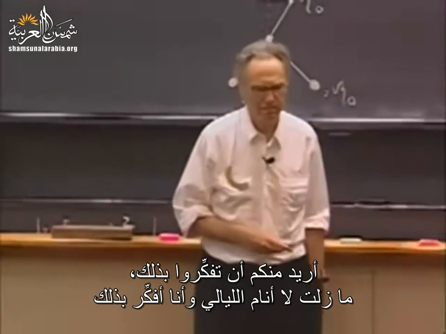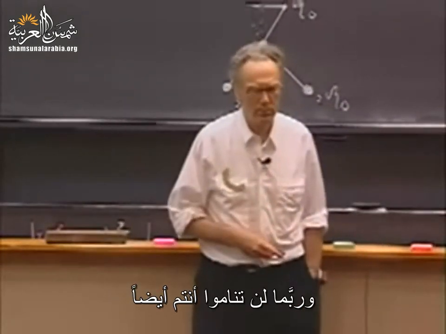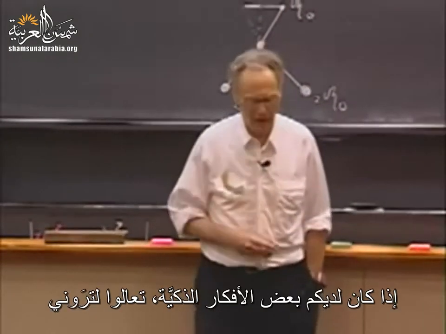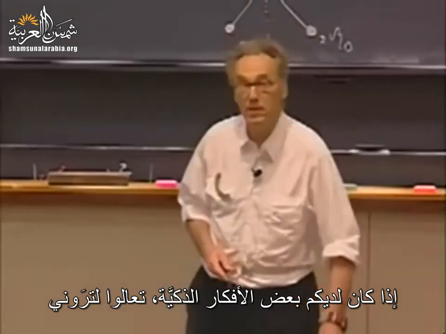How on earth can the lower pendulum oscillate if the upper one stands still? I want you to think about that. I'm still having sleepless nights about it. And so maybe you will have some too. And if you have some clever ideas, come to see me.